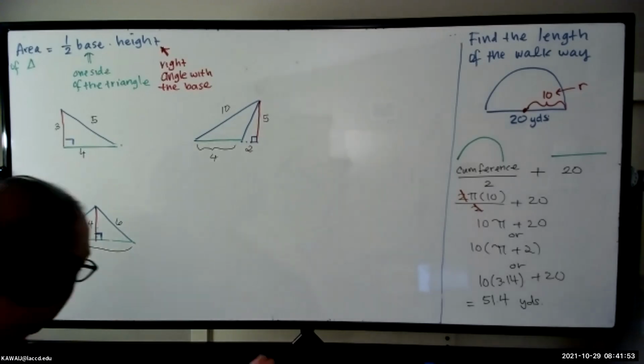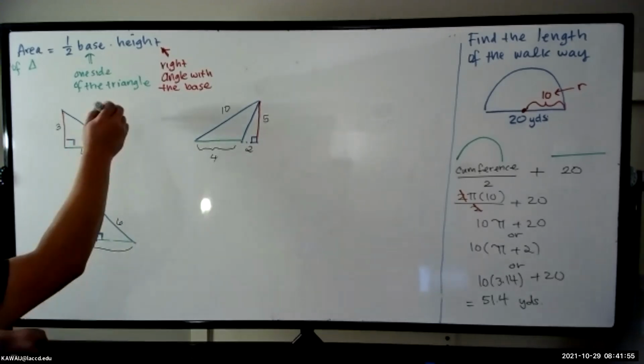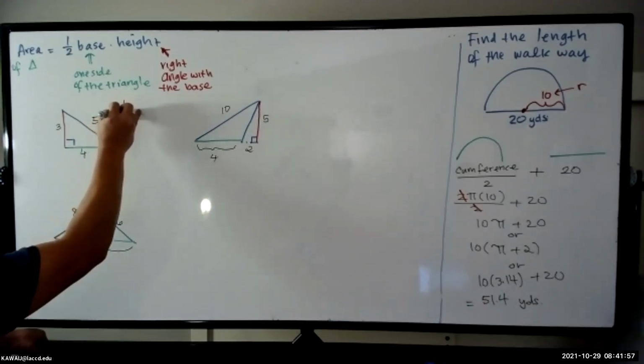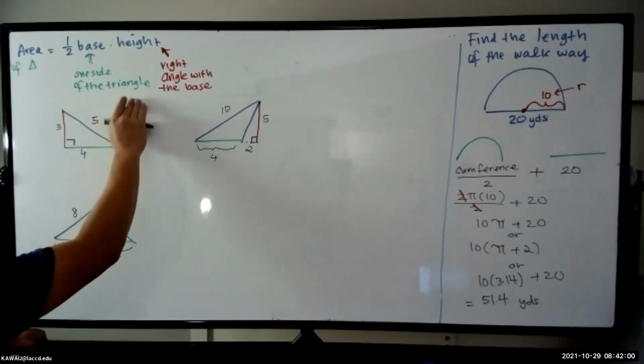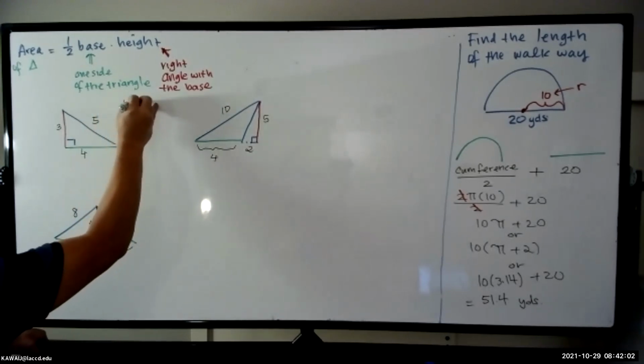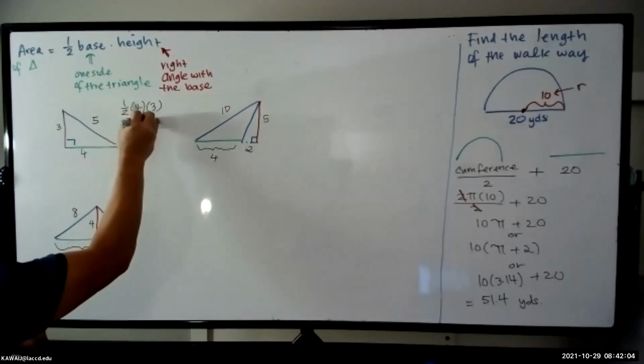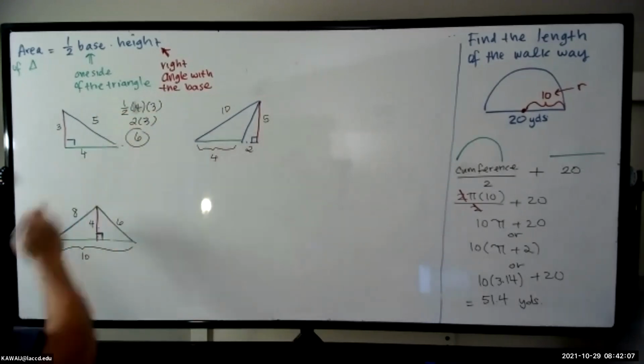So this one's going to be 1/2 times 4 times 3, which is equal to 2 times 3, which is equal to 6.